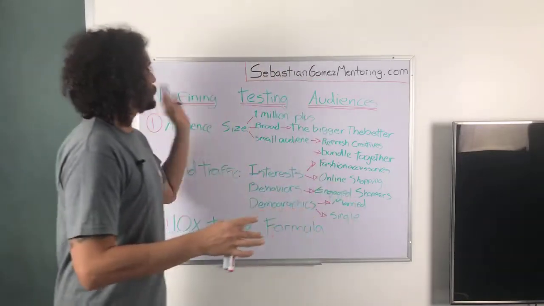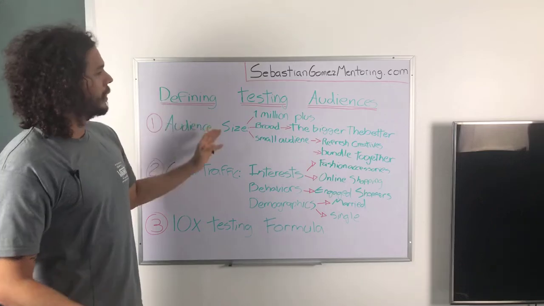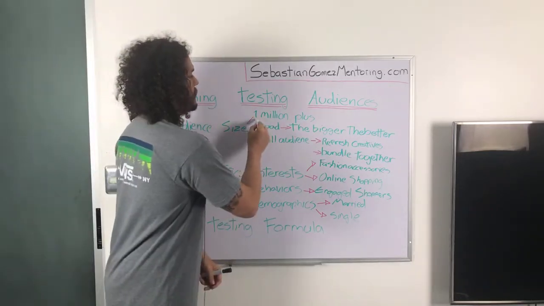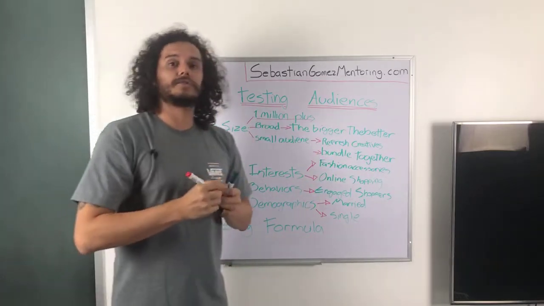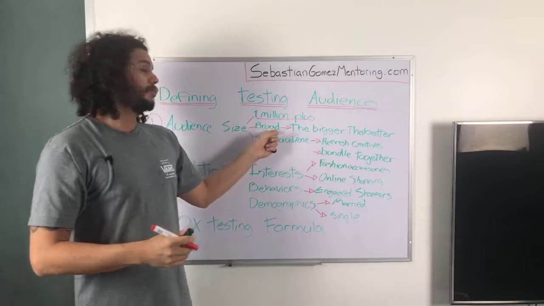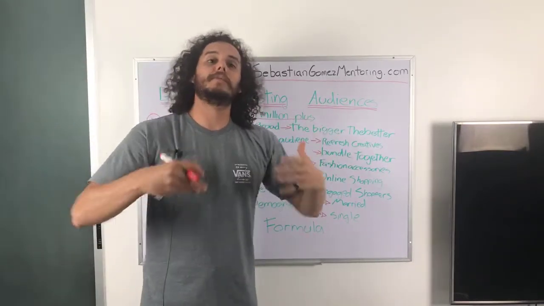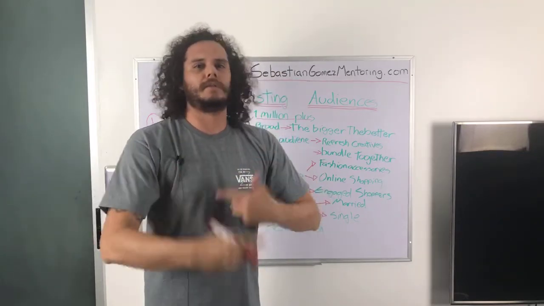I broke down the three most important steps, which is starting with an audience that is 1 million plus. That's the best way that you can start looking. Of course, broad audiences, the bigger the better. Why? Because you can find more pockets within that specific audience and keep profiting each and every single time.